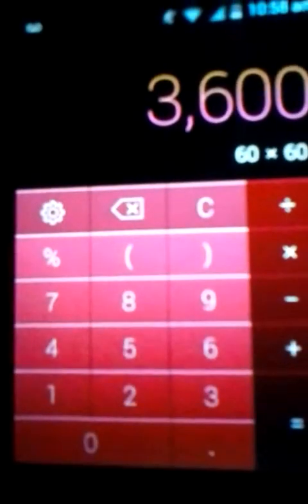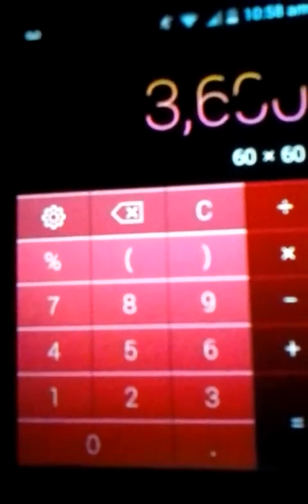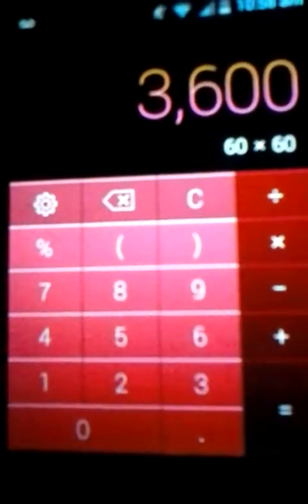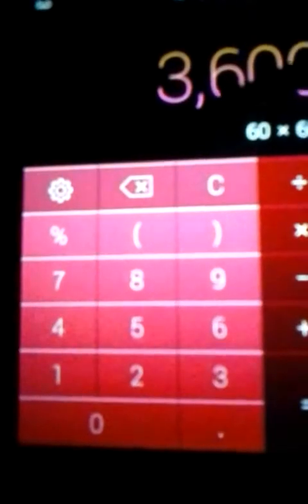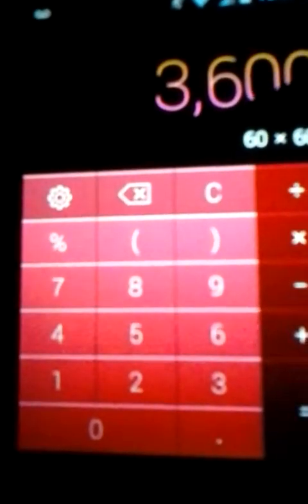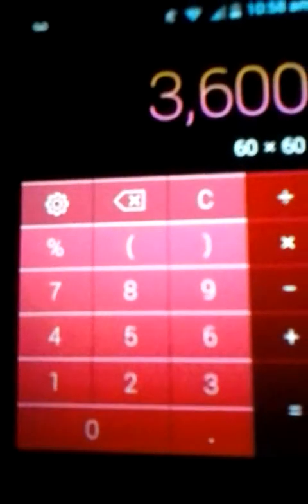So every hour is 3,600 seconds, and every day is 360 degrees, correct?